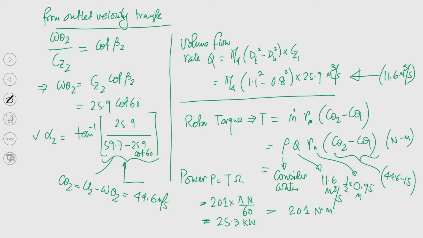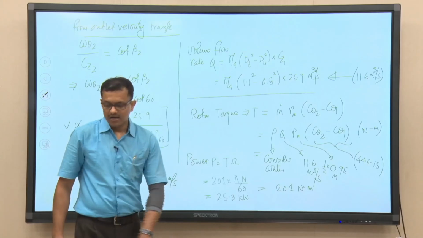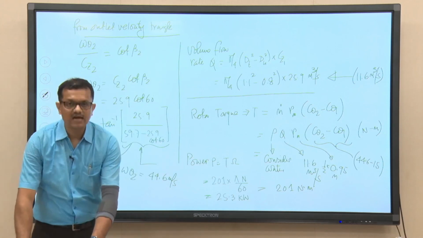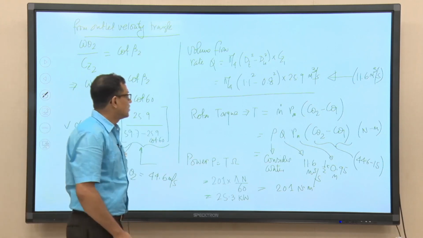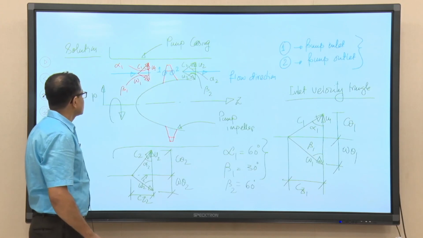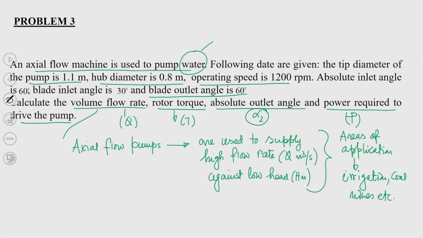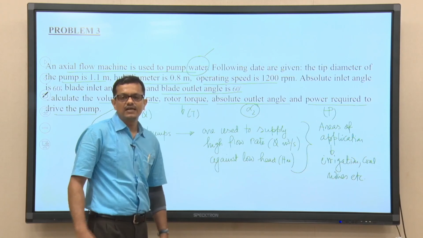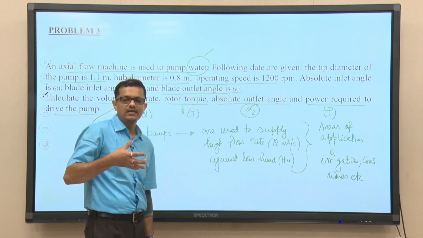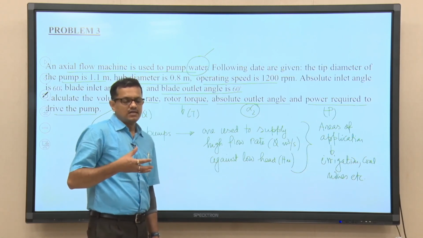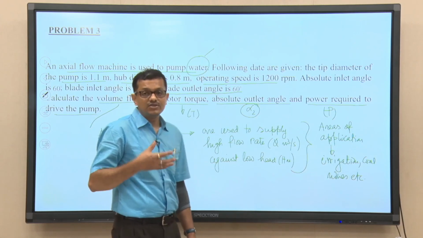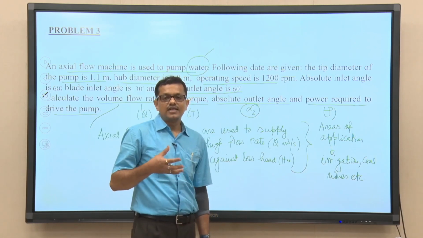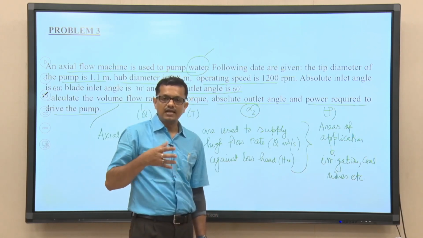Now, if we would like to summarize what we have discussed today. We had started our discussion with this problem related to an axial flow pump. Before coming to the actual problem, we had tried to recapitulate several issues related to axial flow pumps that we have already learned.